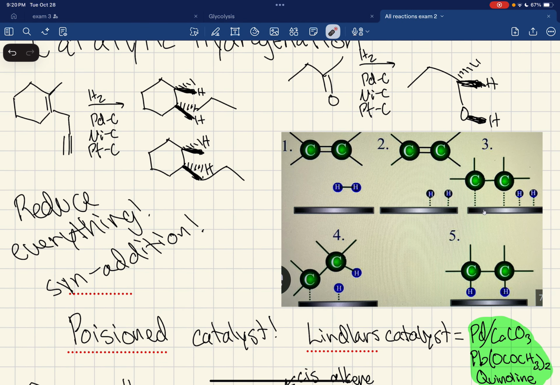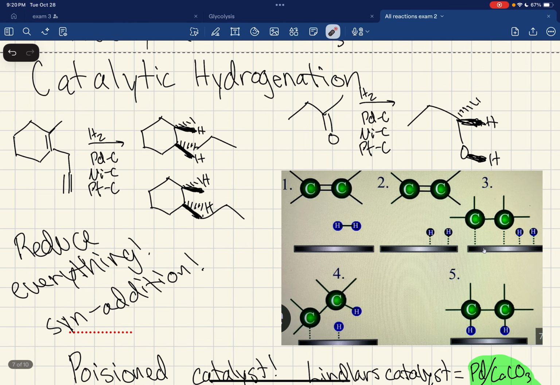What is important to know through this? This is done through a metal catalyst. It's like a metal surface. You should be able to know how to draw this, kind of. At least know the idea, and you should be fine. There's this metal catalyst, which is either Pd/C, Ni, or Pt/C.